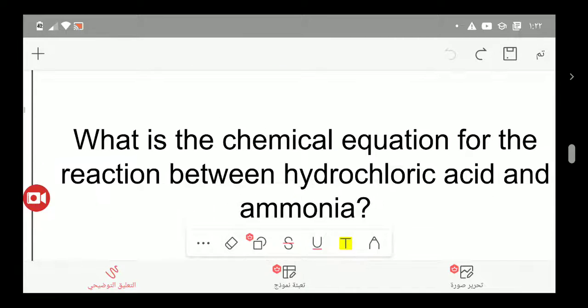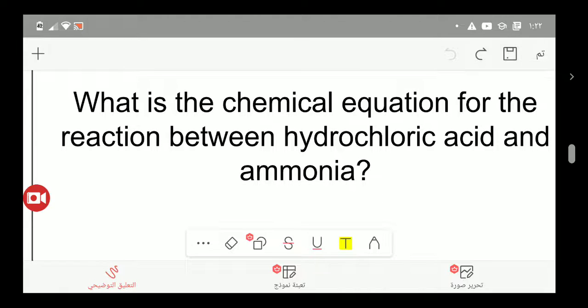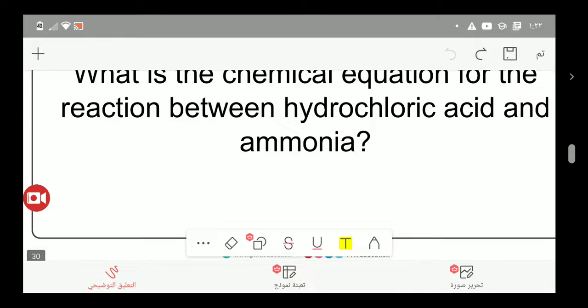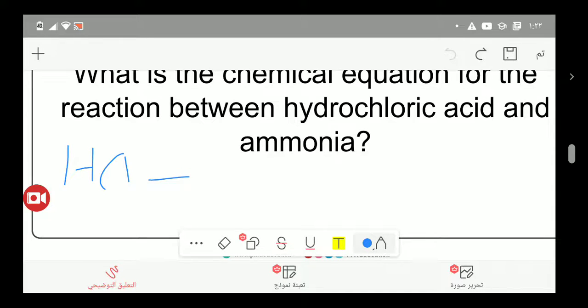What is the chemical equation for the reaction between hydrochloric acid and ammonia? This is a very important reaction. Firstly, we write hydrochloric acid, HCl, plus ammonia, NH3.